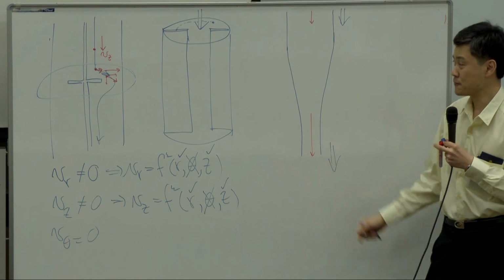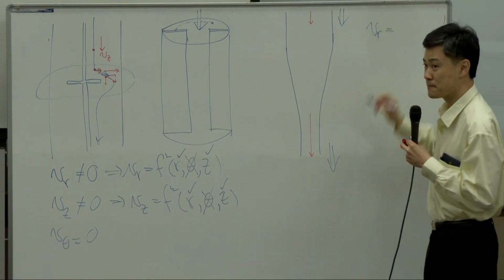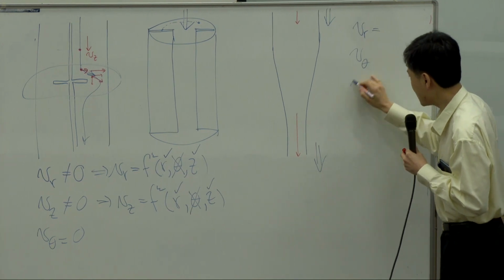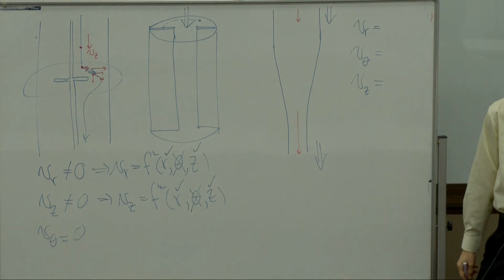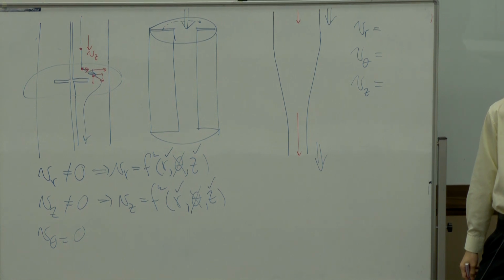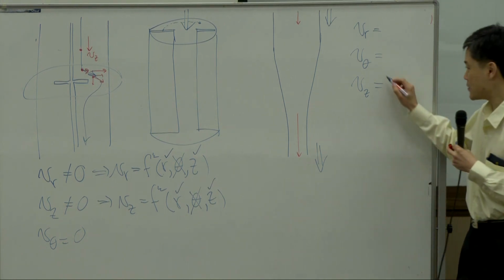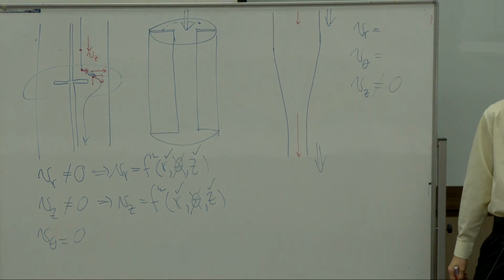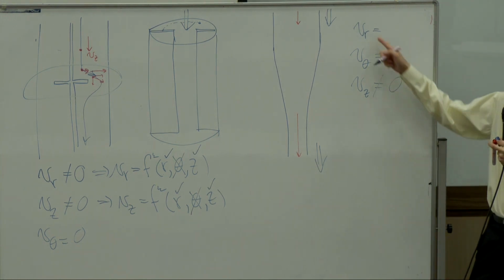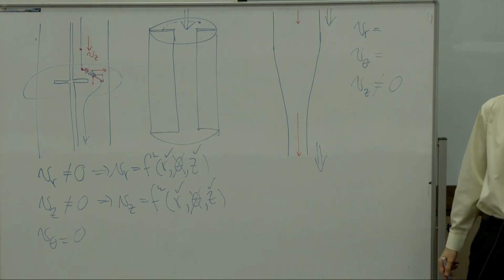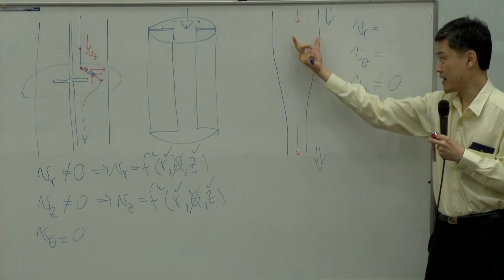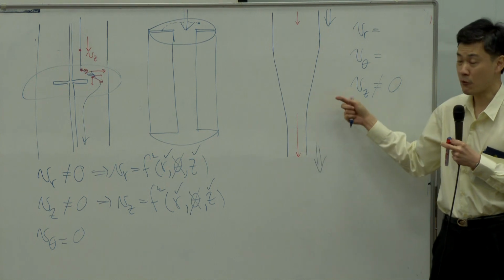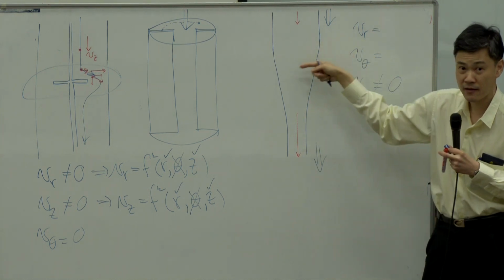Now this kind of flow, is Vr 0? Is V theta 0? Is Vz 0? Which one is 0? I can answer for you that this one is not 0. Sure, of course. What about Vr? Is it 0? Can you see that the way it's tapered down like this, it requires a velocity component this way.